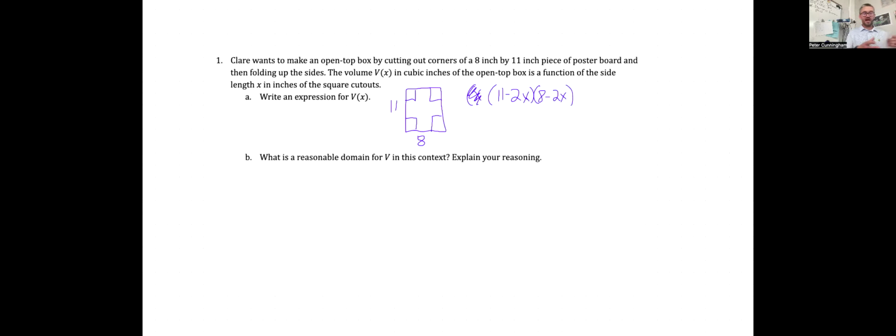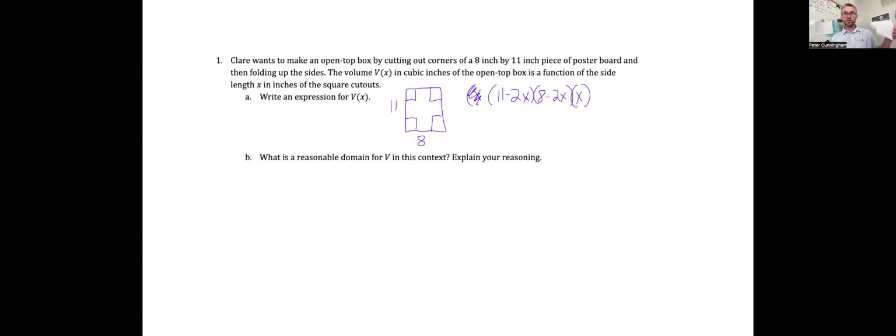Now, if I cut a 2-inch piece out of this corner, this would be a 2-inch tall box. If I cut a 3-inch corner, then this would be a 3-inch tall box. In other words, the height, the third dimension matches whatever you cut out. Therefore, it is x. Now, what is a reasonable domain for this context?